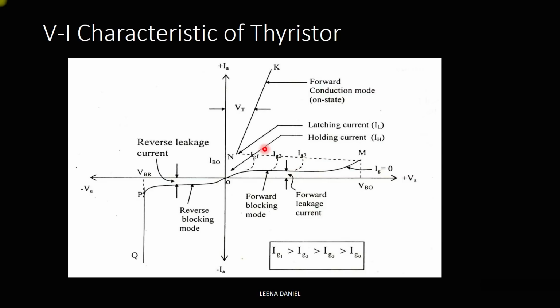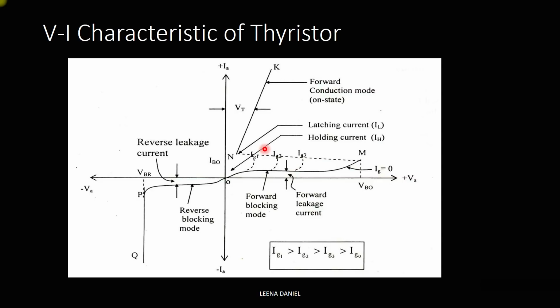I mean to say, if I am increasing the anode current slowly across the thyristor, there is one point where the thyristor turns on with the combination of gate current. So the thyristor will turn on at a particular point, and this point is called the latching current.